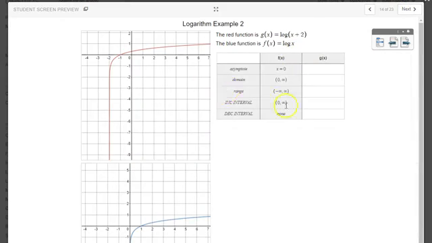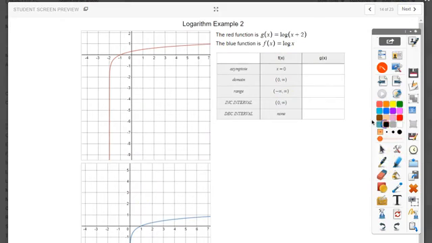Here we have the parent function is already completed, this f of x blue function below. So we are going to take a look at the g of x function. One thing I'd like to point out is that inside the parentheses, we have a shift. This has shifted it 2 units to the left. So we now can see that the vertical asymptote is going to be where x is equal to negative 2.